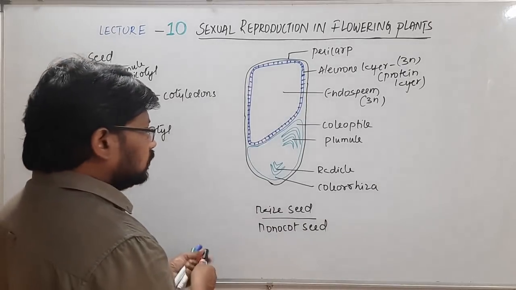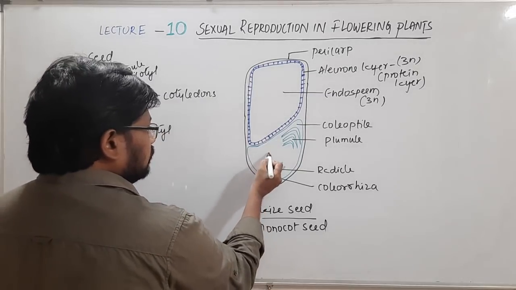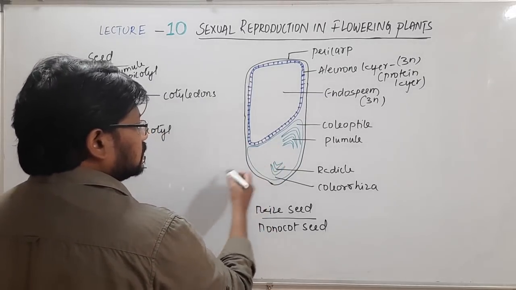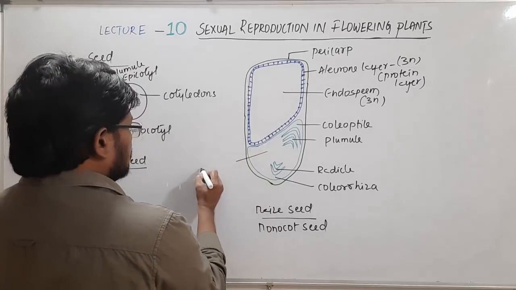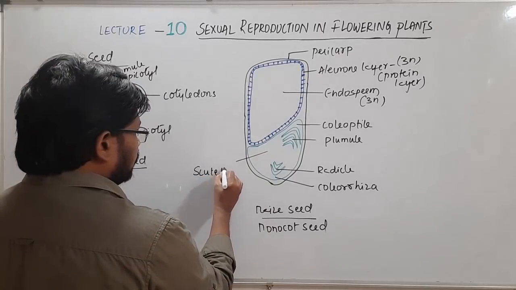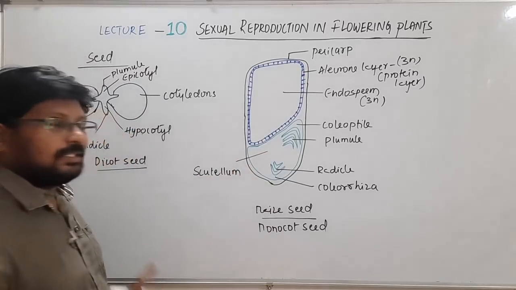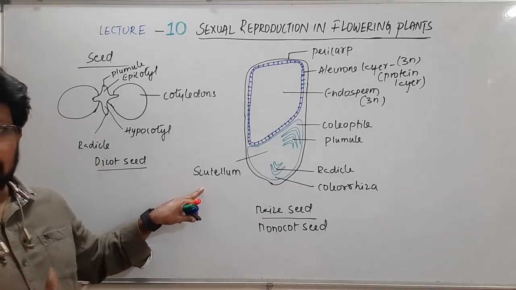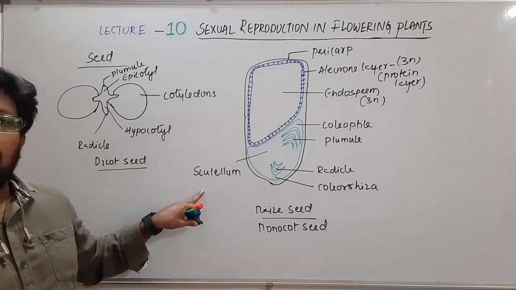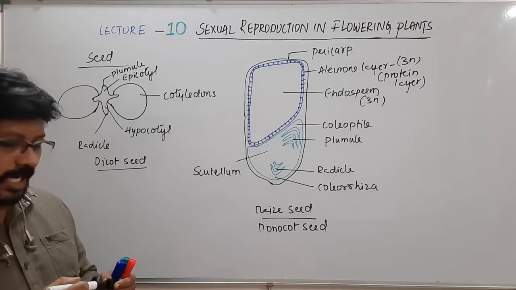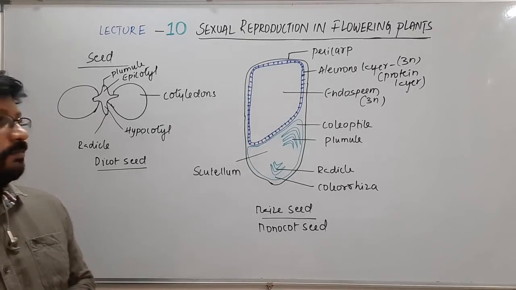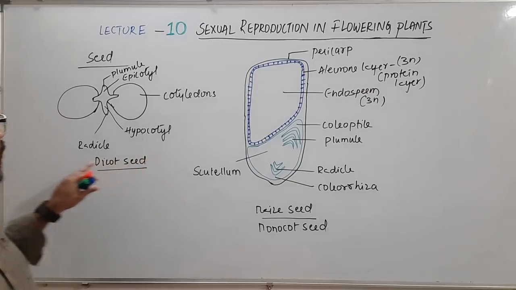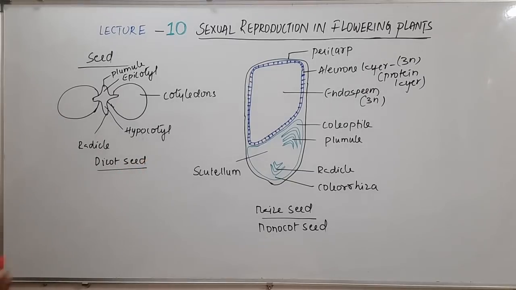Only one cotyledon is present in monocots, and this is called the scutellum. We know that only the functional cotyledon is called the scutellum. The other cotyledon is not functional, and we have seen that it is called the epiblast. So this is about a dicot seed and a monocot seed.